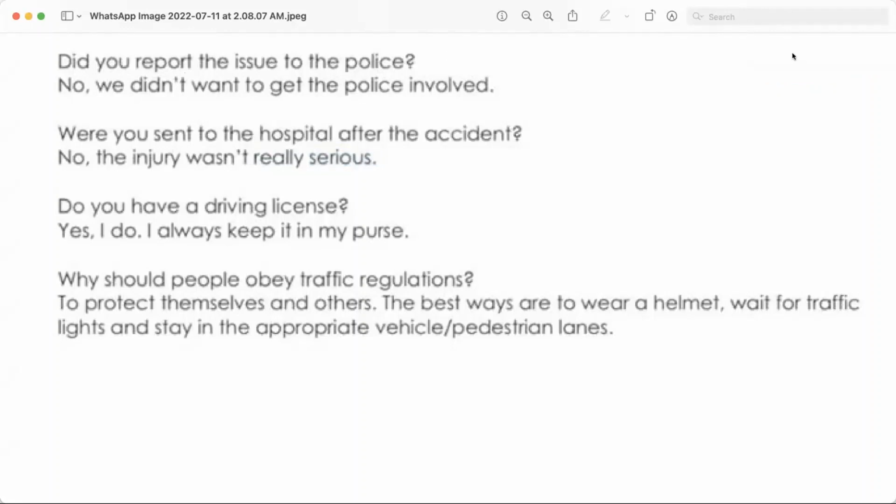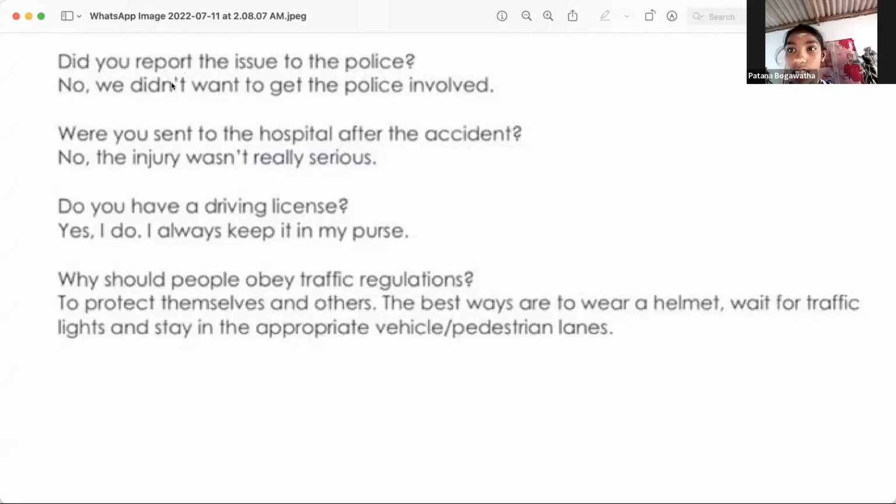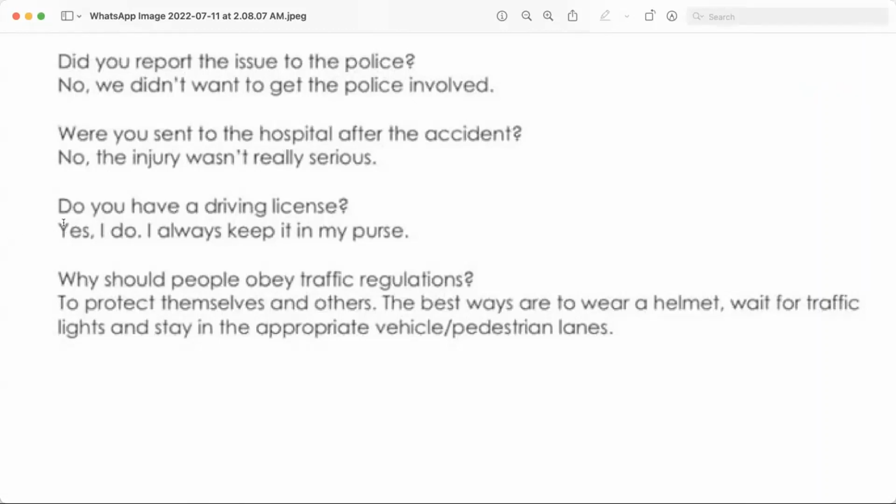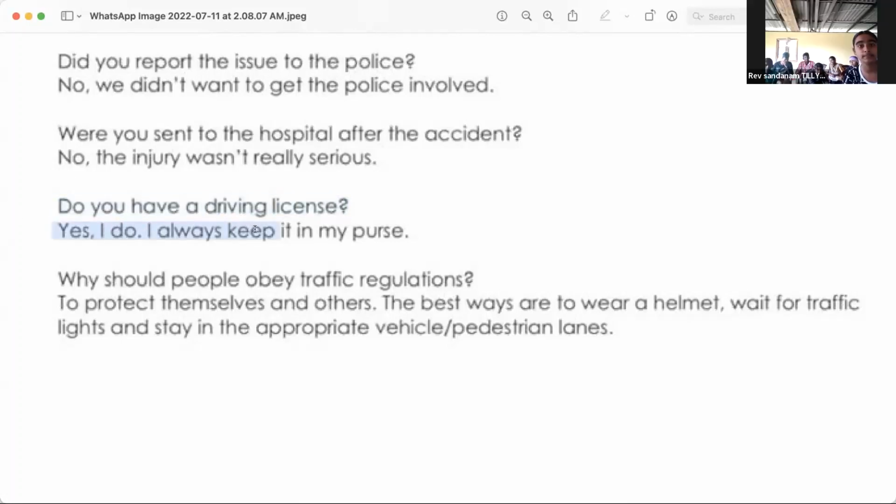And the last student, can I have, is it Rev? Okay. Let me just read the question out for you. Do you have a driving license? Yes, I do. I always keep it in my purse.